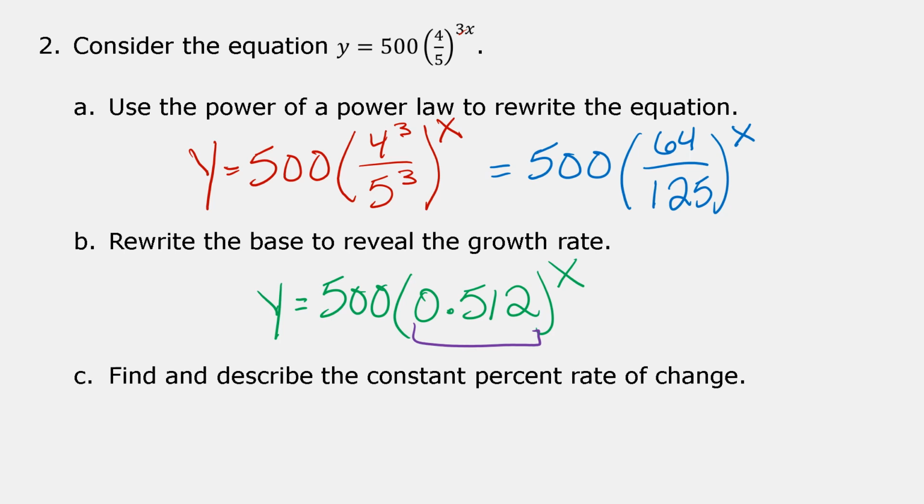And so now we want to figure out what R is. So we want to think about 1, and this one's less than 1, so we are subtracting this time. What would get us to 0.512? Should be 0.488.